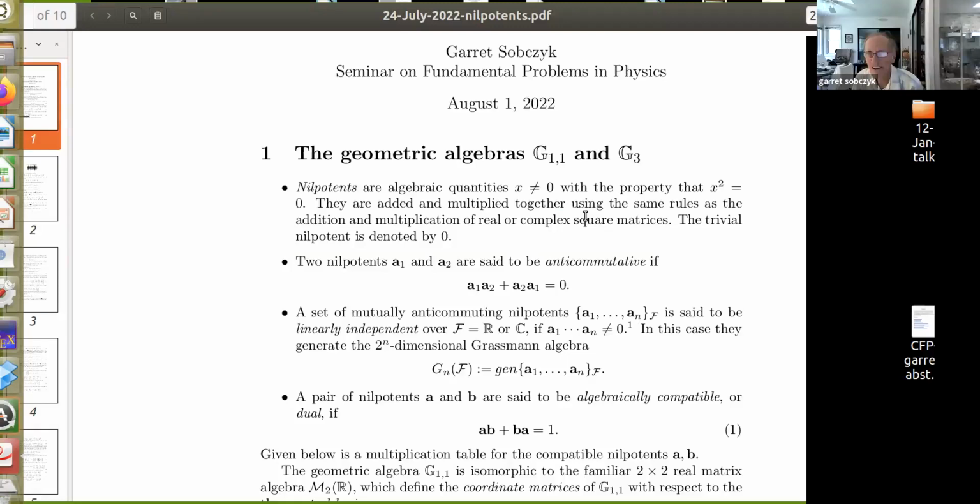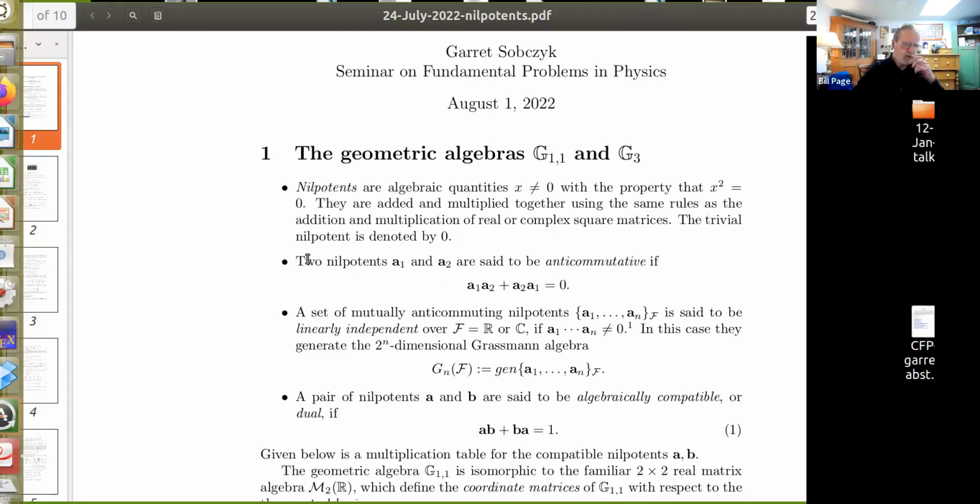And I can add and multiply these nilpotents according to the usual rules of matrix algebra. In fact, I'm going to generate an algebraic isomorphism with matrices as coordinate matrices that correspond to geometric algebra, which I'm going to define in terms of dual Grassmann algebras.